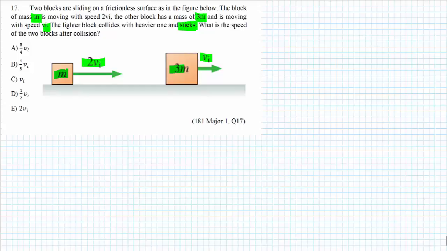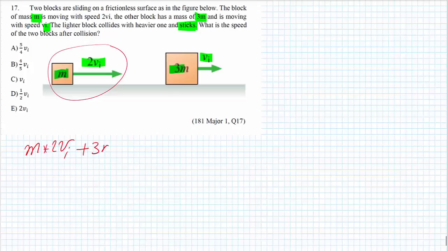Let's write the equation. The first momentum will be the momentum of this one. It's m times 2 vi plus the second momentum, which is 3 times m times the velocity, which is vi, and take care the two velocities here are positive because they are to the right, equals the total momentum after collision. They will stick together, so they will have a mass m plus 3m, which is 4m, times their final velocity.